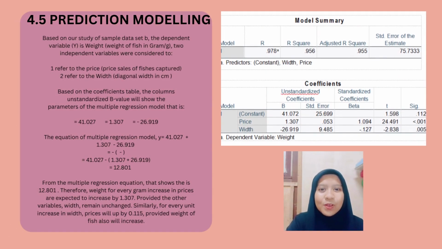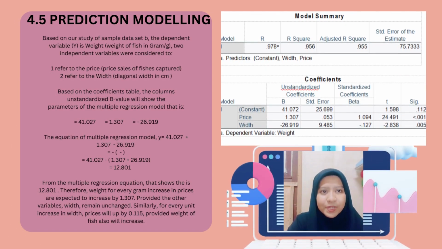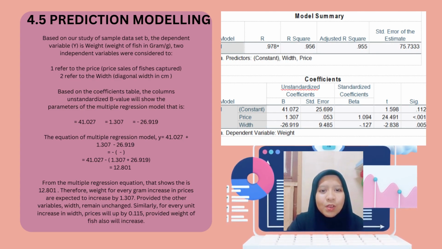I will present about 4.5 prediction modeling. Okay, this is our diagram, model summary and coefficients. Based on our study of sample data set B, the dependent variable y is weight, and the two independent variables we consider are price and width.